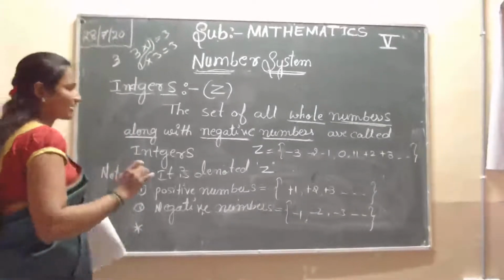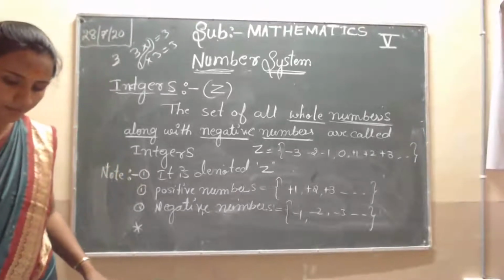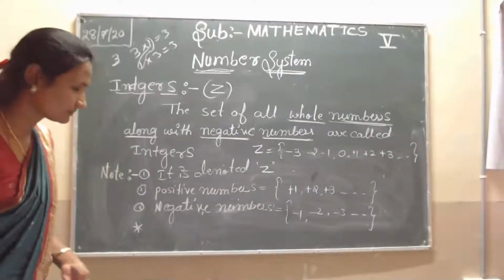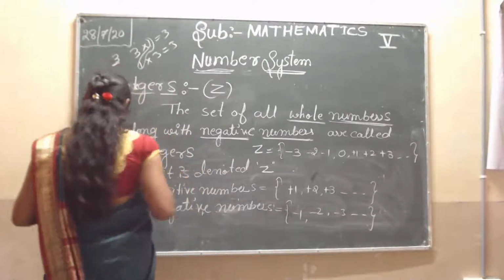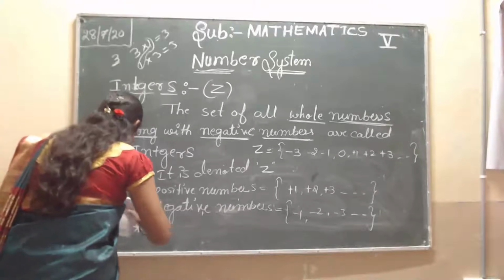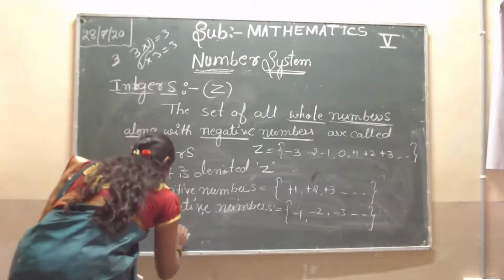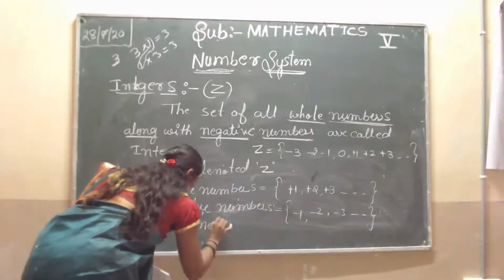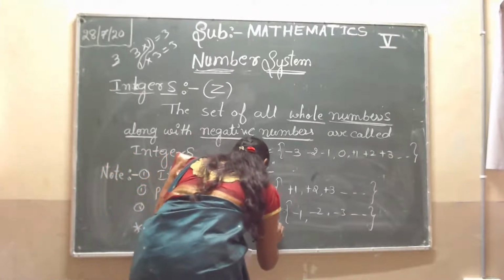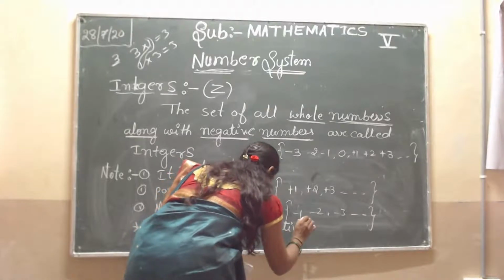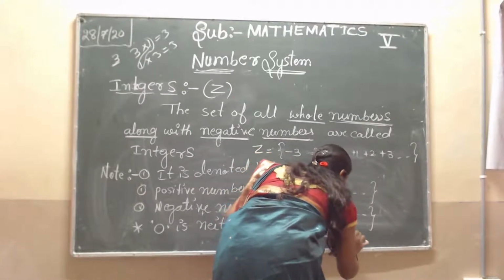Students, I already told you that 0 is neither negative nor positive. Write the point: 0 is neither negative nor positive.